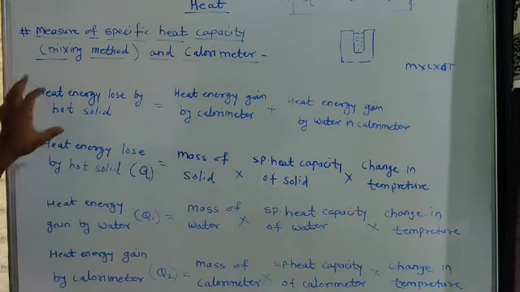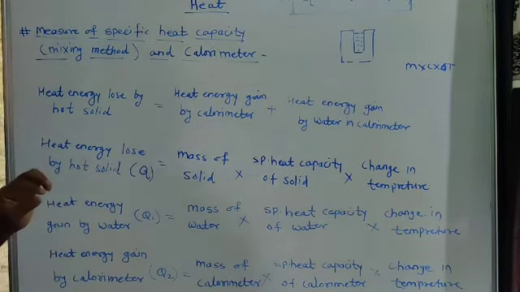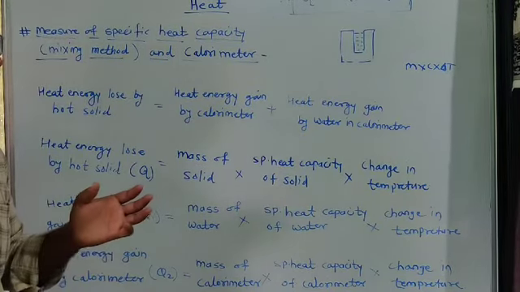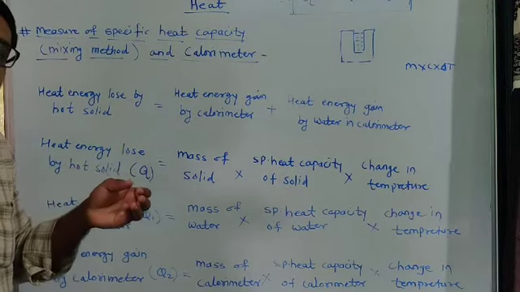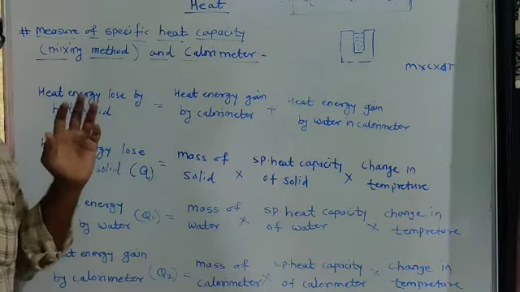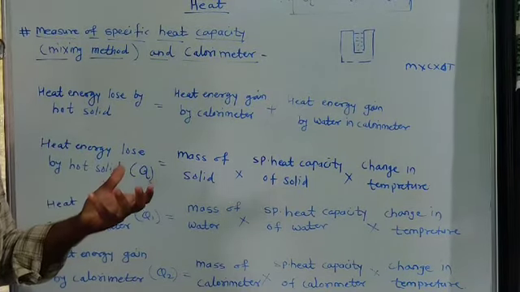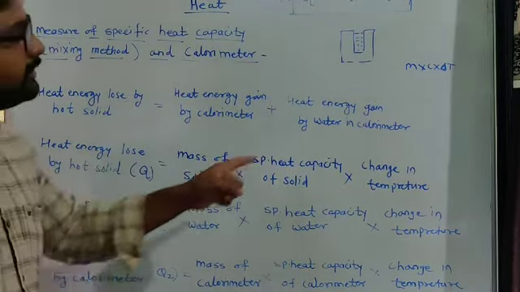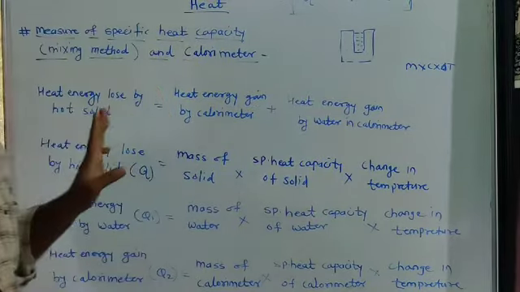So simply, when we place a hot object in the water of the calorimeter, what happens? Where does the heat energy lost by this hot solid object go? That heat is absorbed by two objects: first the water, and second the calorimeter.